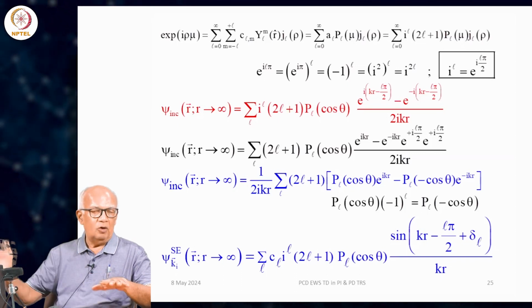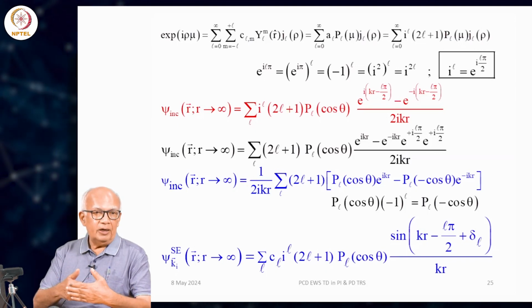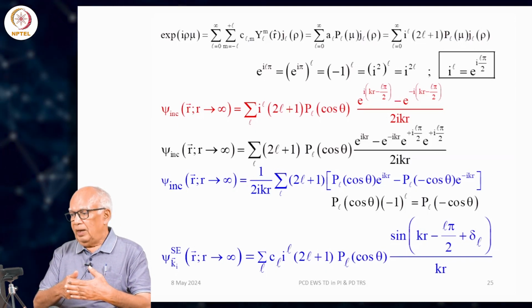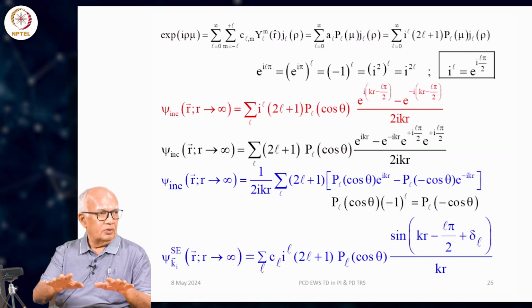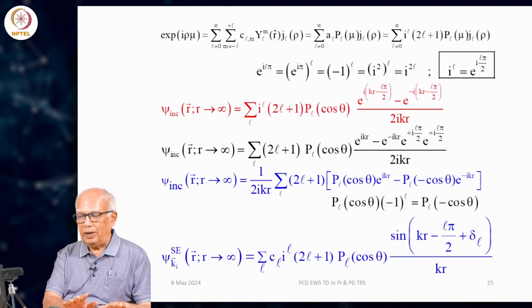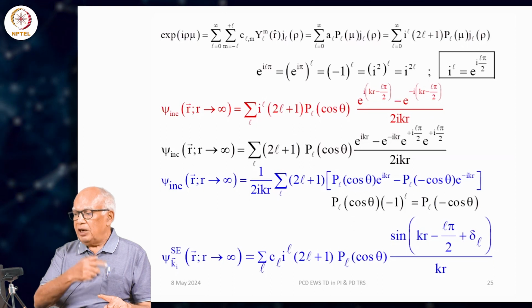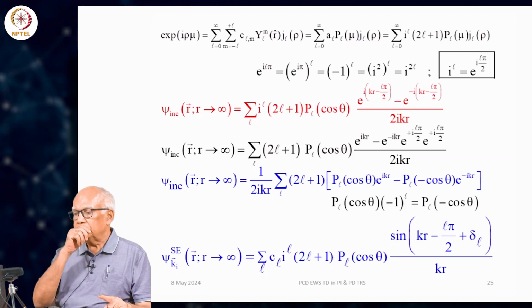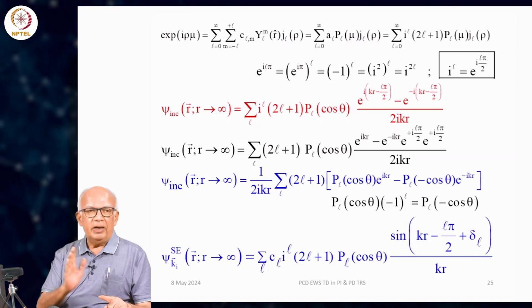Having separated out the angular part, you are looking only at the radial part, and that involves the artifact of that projection, which is why there is a centrifugal term, L into L plus 1 by r square. So, with every next partial wave L, the phase kr drops by pi by 2.